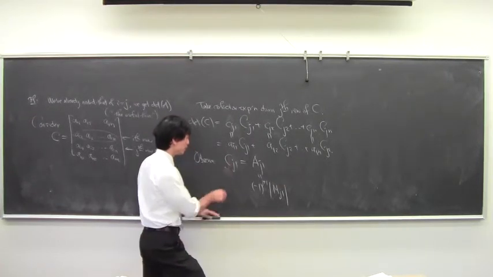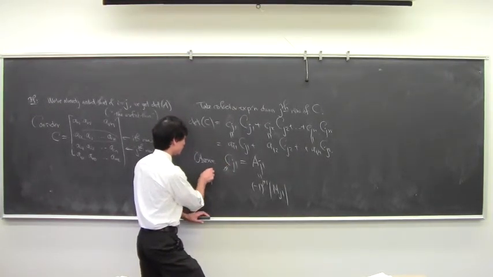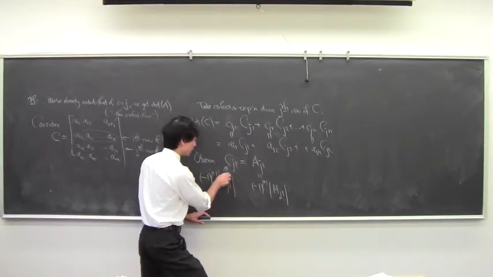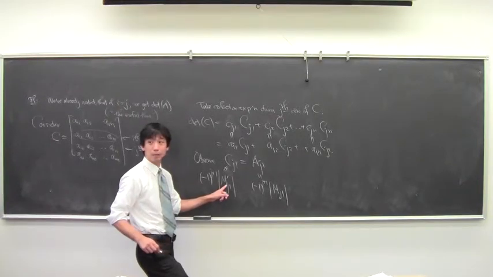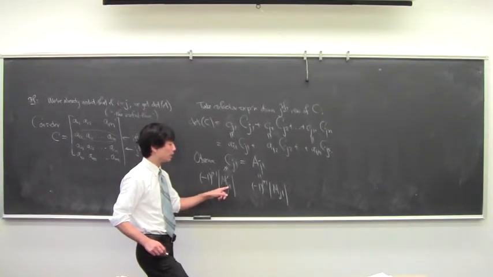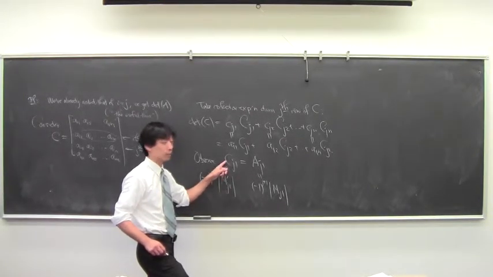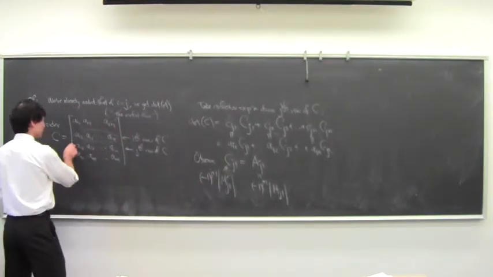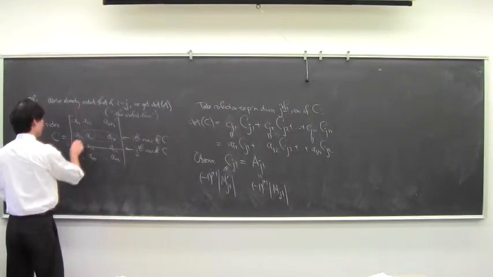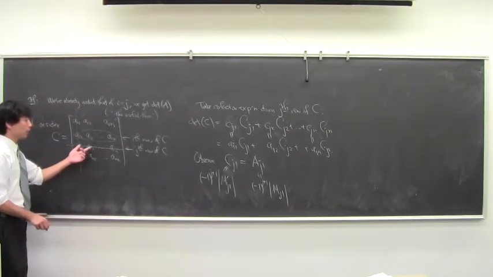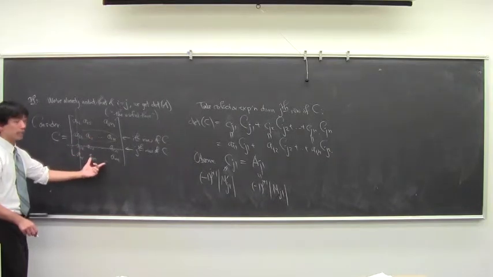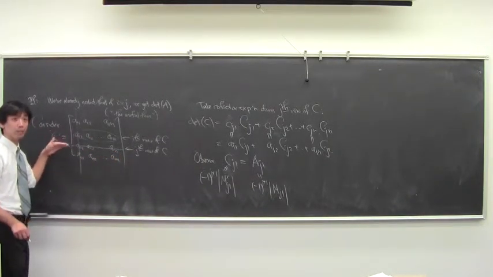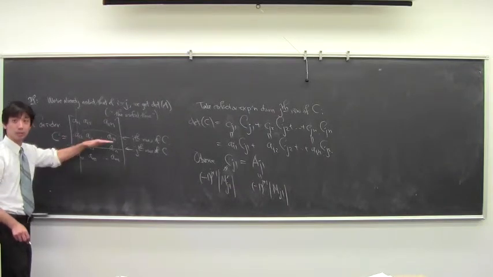Over here, what do we get? We get -1 to the j plus 1 times the determinant of the minor matrix you get by crossing off the jth row and first column of C. Well, if I take off the jth row and the first column of C, the matrix I get is identical to that I get from A, because the only difference between A and C is the jth row, which I just crossed off.